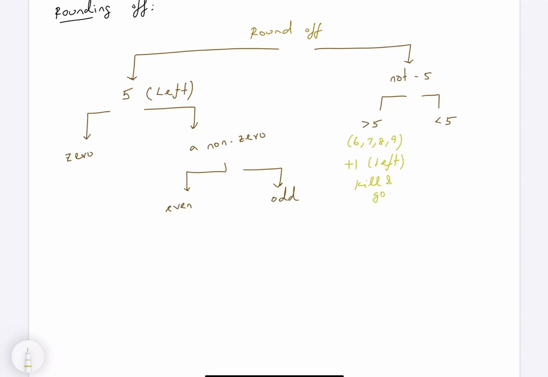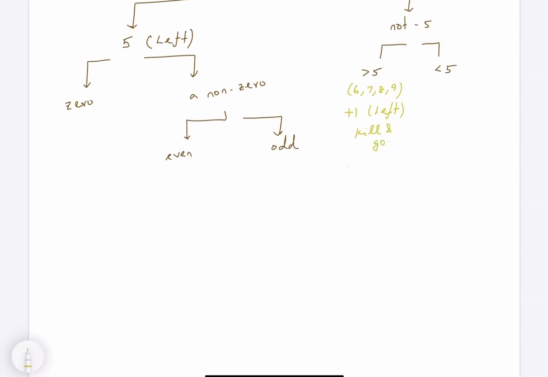Let me give you an example: 4.7839, and I want to kill this number 9, greater than 5. So add 1 here. So 4.784, then you can kill this 9.